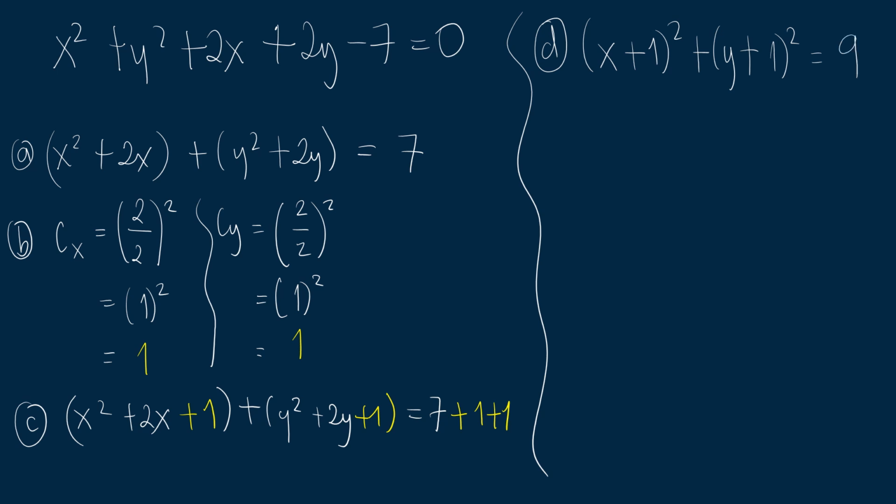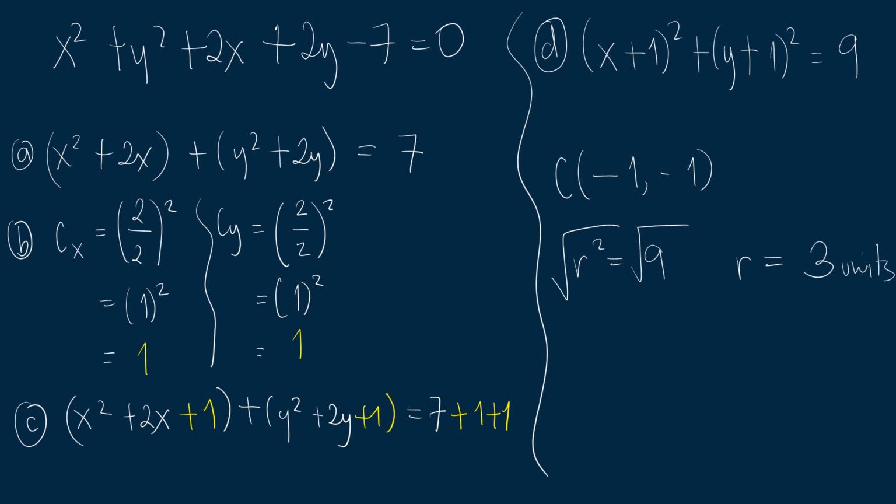We can now identify our coordinates of the center and the length of the radius. For the coordinates of the center, again, get the additive inverse from the standard equation, and the coordinates of the center will be negative 1, comma negative 1. And for the radius, which is r squared, is equal to 9, get the square root of both sides. R is equal to positive 3 units.